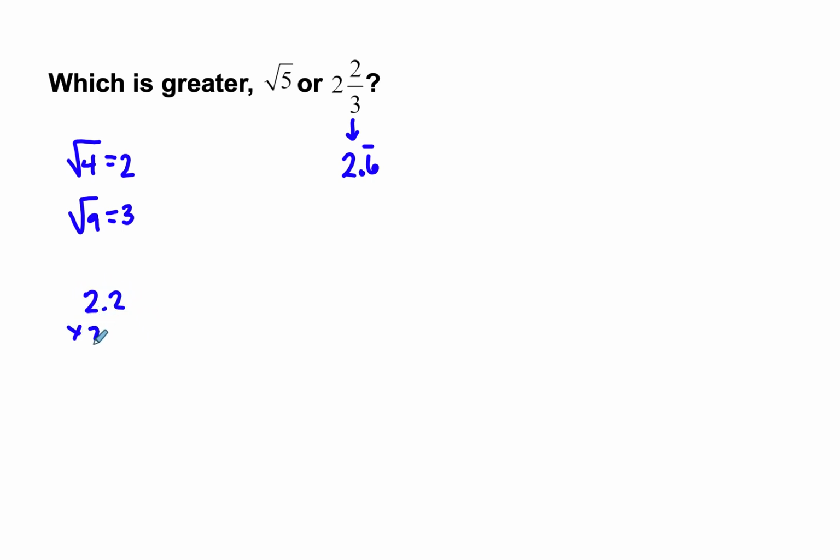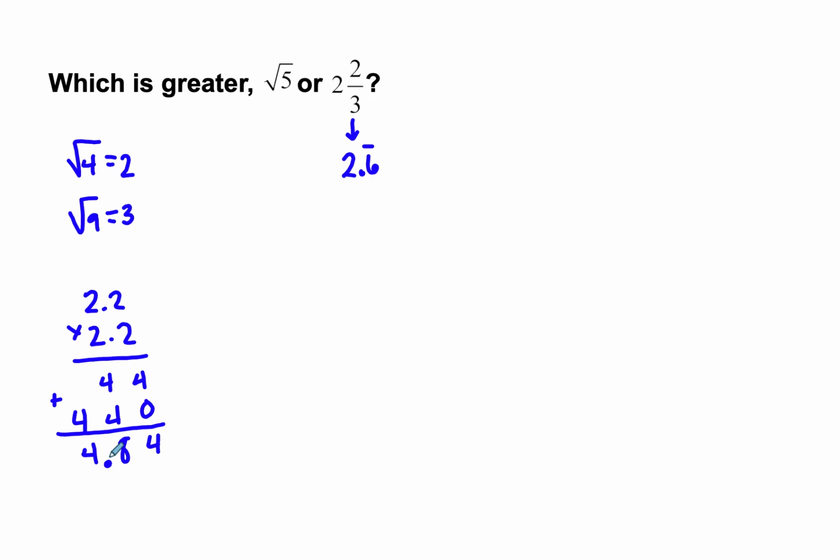Let's multiply that and see. We're going to round to the nearest tenth, and then we're going to compare the two numbers. So 2 times 2 is 4. 2 times 2 is 4. Placeholder 0. 2 times 2 is 4. 2 times 2 is 4. 4 plus 0 is 4. 4 plus 4 is 8. 4 plus 0 is 4. 2 decimals.